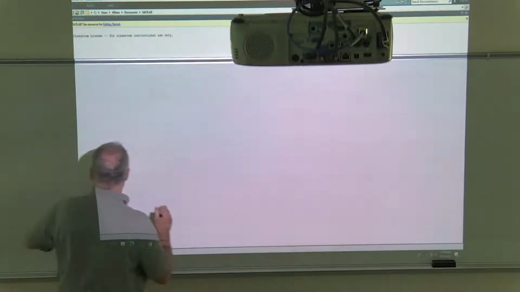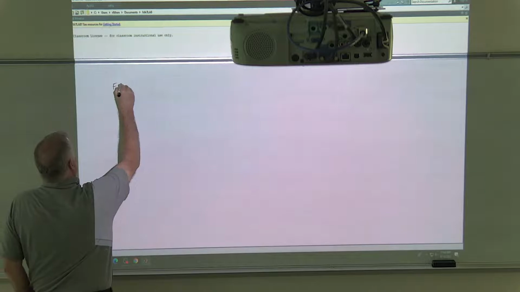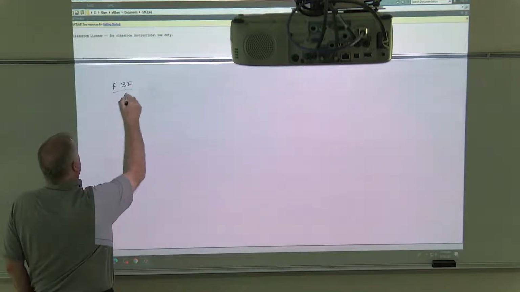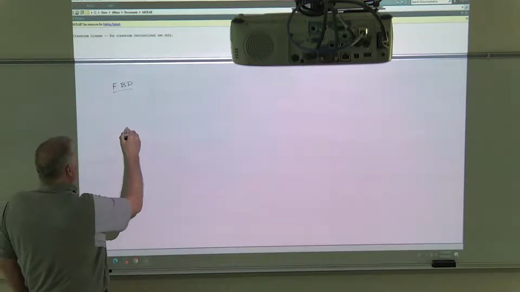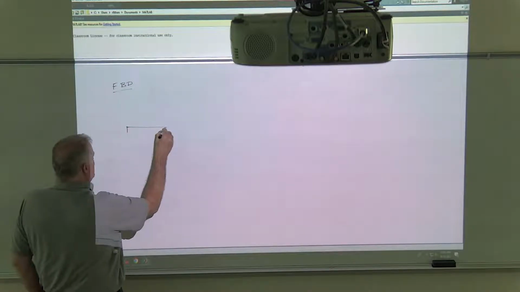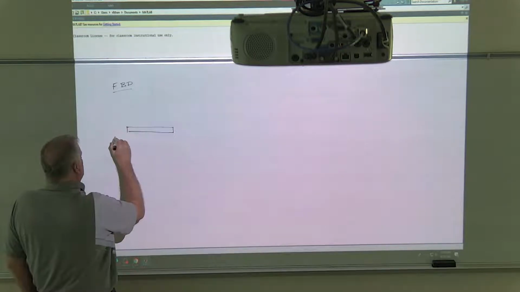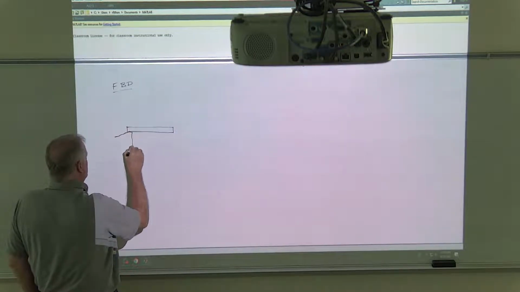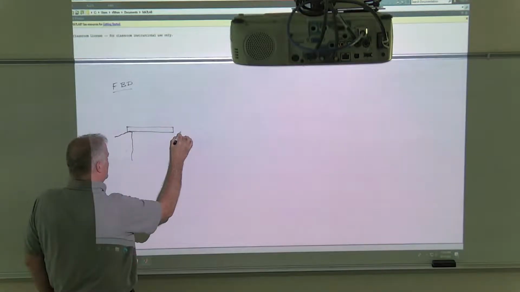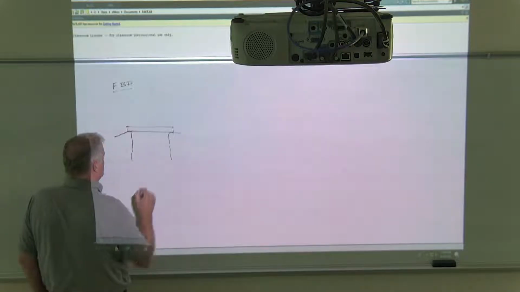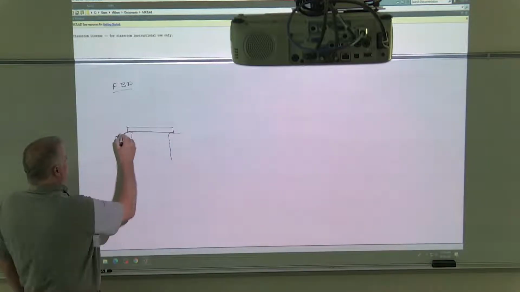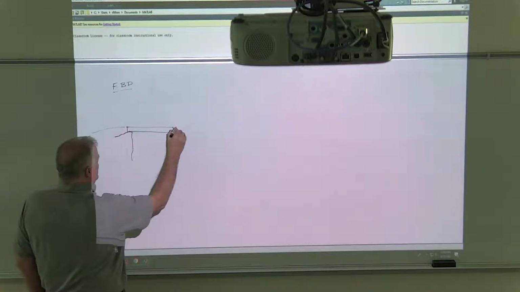So, the concept of a free body diagram is basically this. Let's say you had, and the simplest case is a bridge. Somebody has it, there's a support, there's cars driving under it, and it's maybe a skinny bridge, and maybe here's your road going over it.